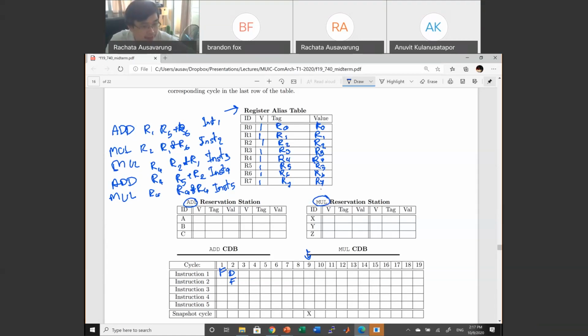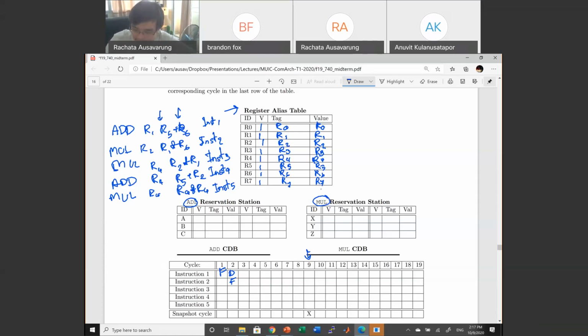It's the add. So in the reservation station for instruction 1, you are adding what into what? You are adding R5 and R6, right?